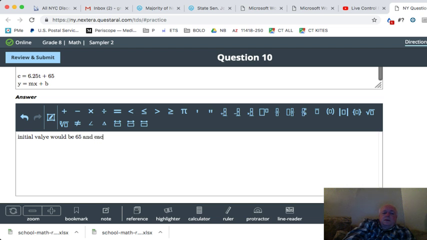And each ticket would increase the cost from that point by 6.25. Okay.